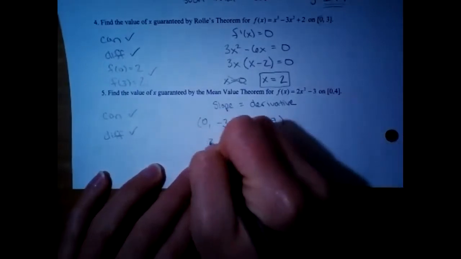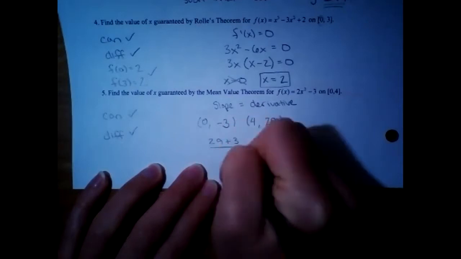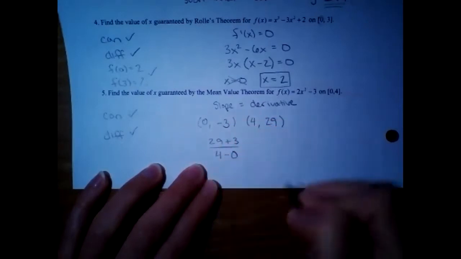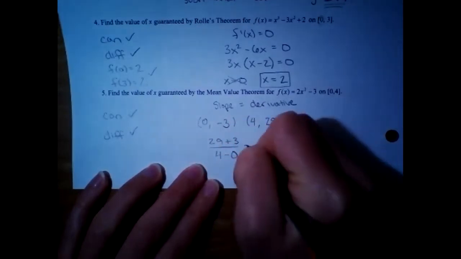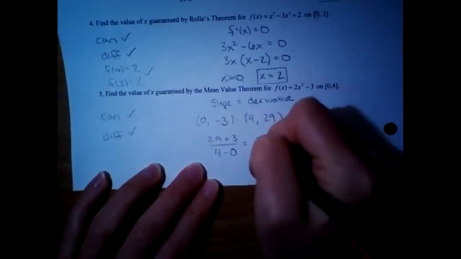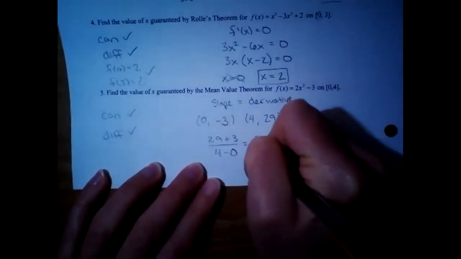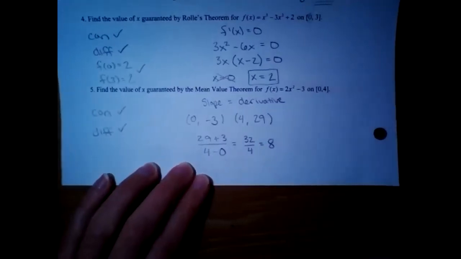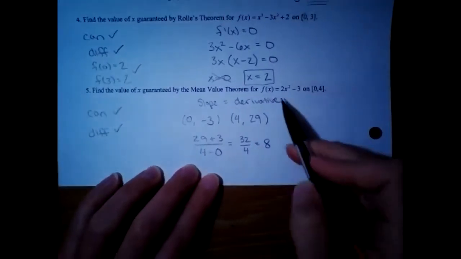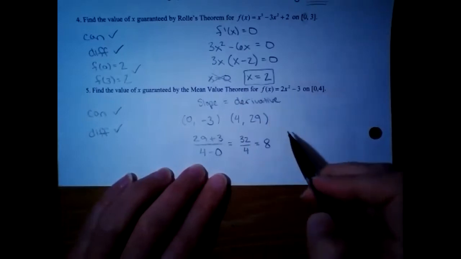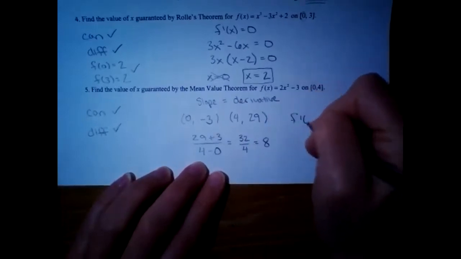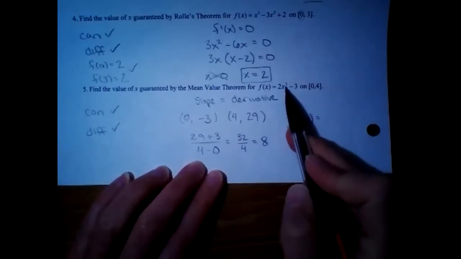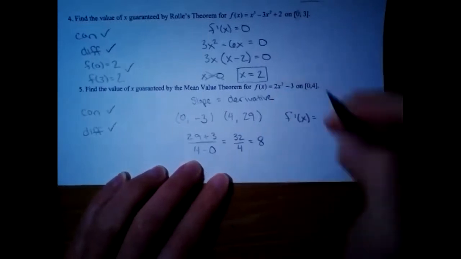So 29 plus 3 over 4 minus 0. So that is going to be 32 over 4, which is 8. So our slope is 8. And so we're going to get our derivative and set it equal to 8. So derivative of this function would be 4x.